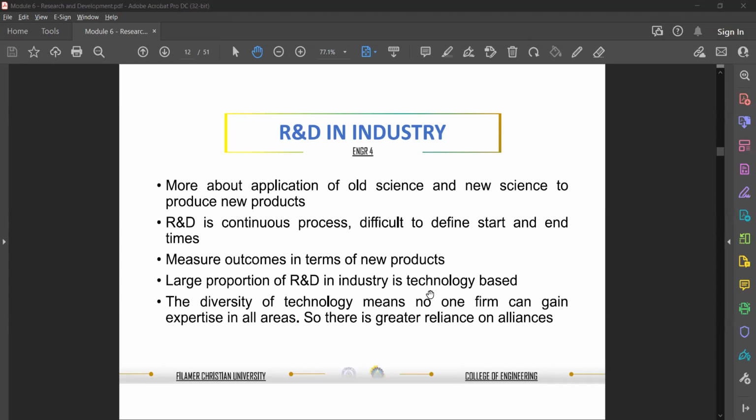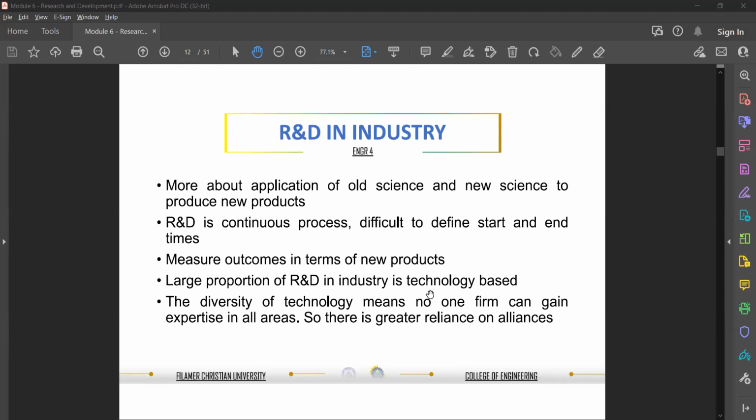So the diversity of technology means no one firm can gain expertise in all areas. So there is greater reliance on alliances. Okay, so there's no single industry that can do everything. It's still dependent on other areas.